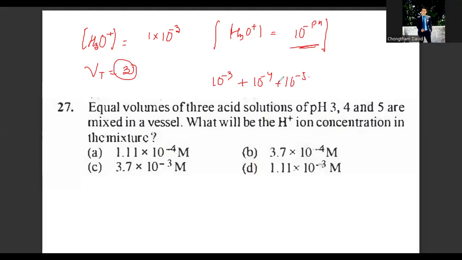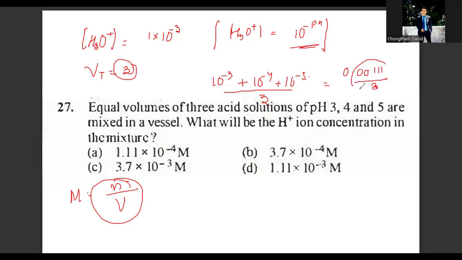Now the hydronium ion concentration of the mixture would be divided by the total volume, because molarity is defined as total moles by total volume. Adding these, you get 111 by 3. Dividing this by 3, it would be 3.7 × 10 to the power minus 4 molar concentration.